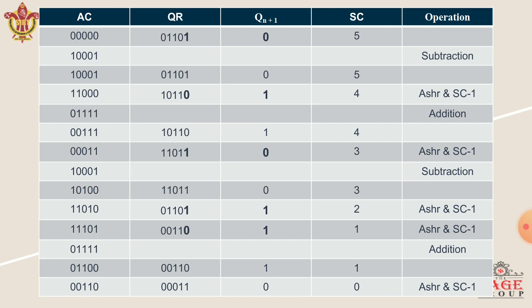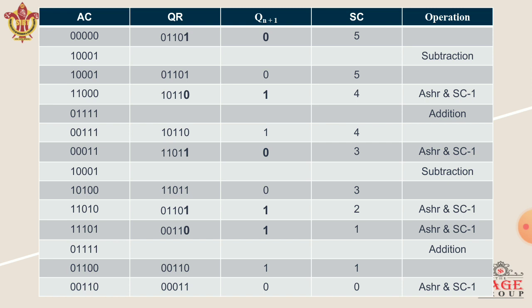Firstly, check the values of Qn and Qn plus 1. Here I darken these values. Qn equals 1 and Qn plus 1 equals 0, meaning 10. We have the starting value of Qn and Qn plus 1 as 10.